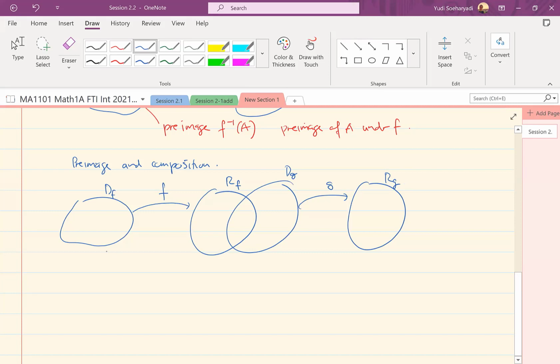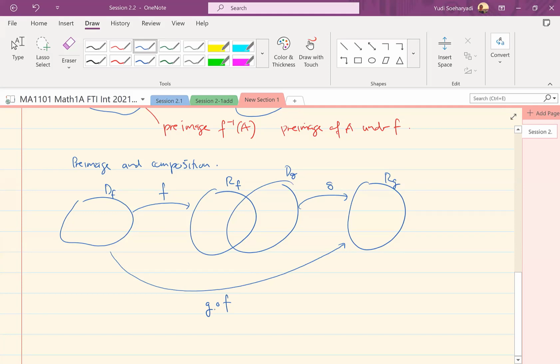And going directly from DF to here is the composition. What is composition? F first and then G later. So G follows F.